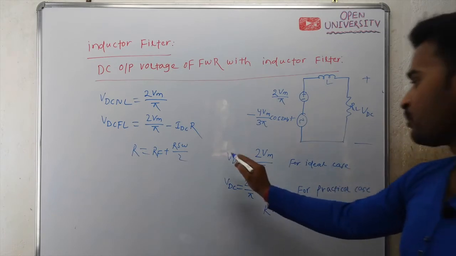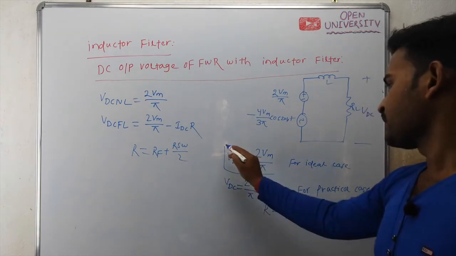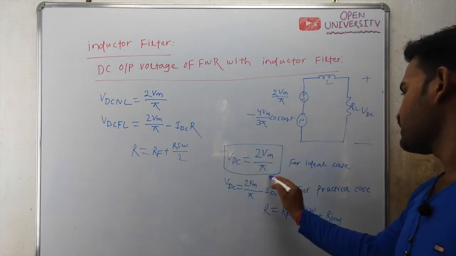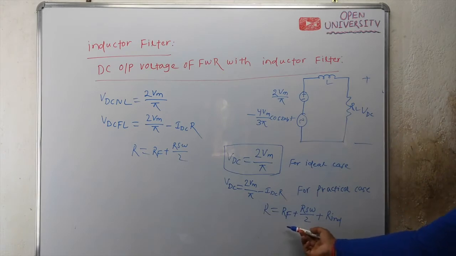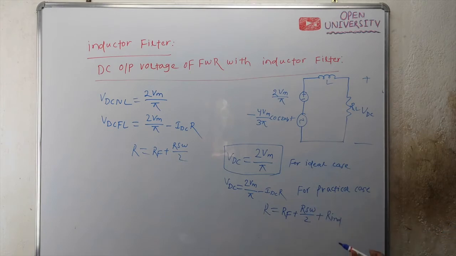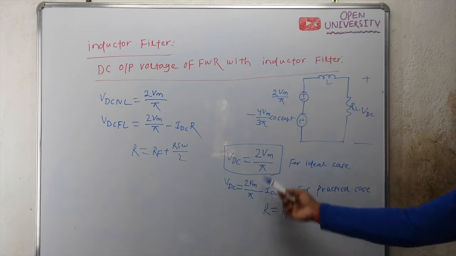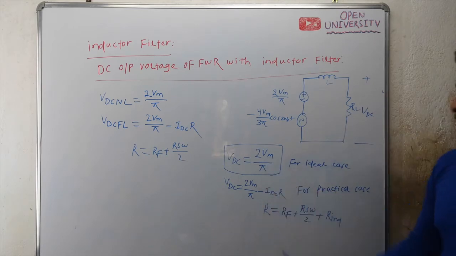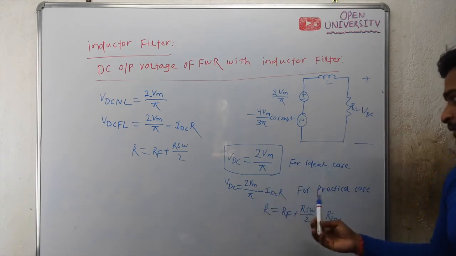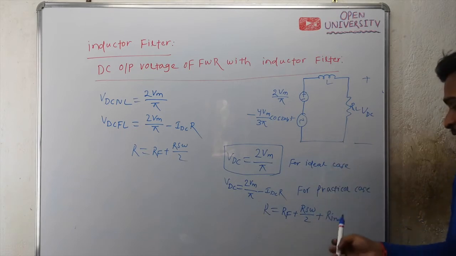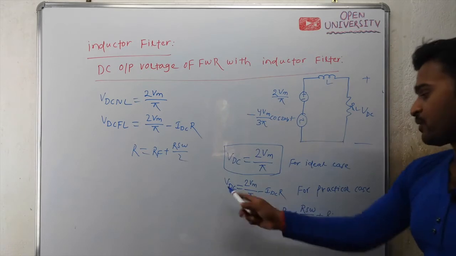You need to remember both formulas. This one is when the diode is ideal, means RF is 0, the secondary winding is also ideal, means RSW is 0, and the inductor is also ideal, so no R of inductor term. Then only this formula can be used. If the diodes, secondary windings and inductor are not ideal, then you use the other formula.